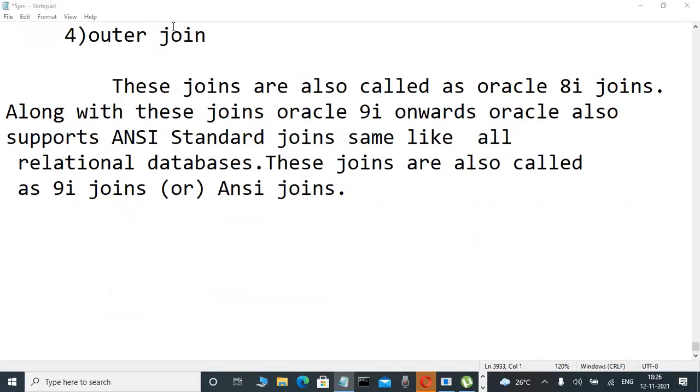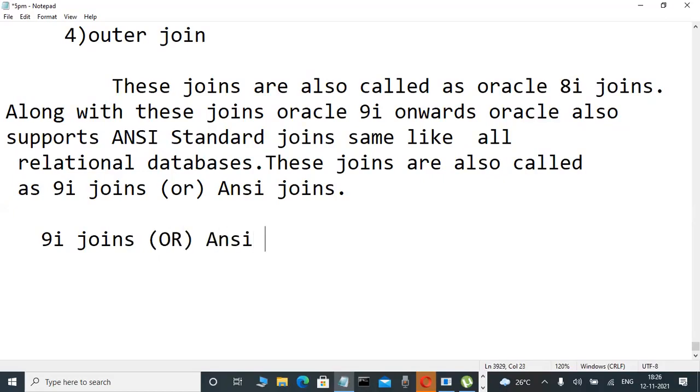Once you have an idea about those Oracle joins, it helps here.